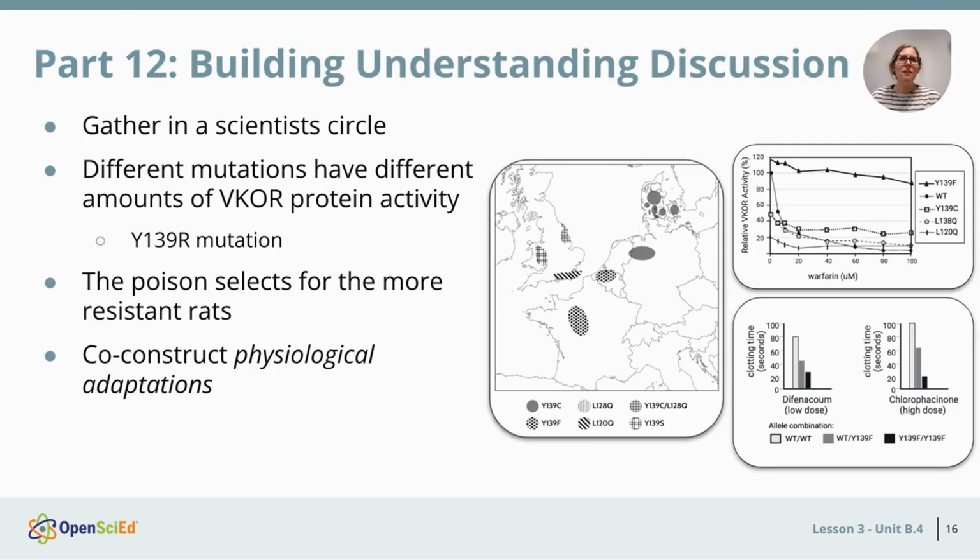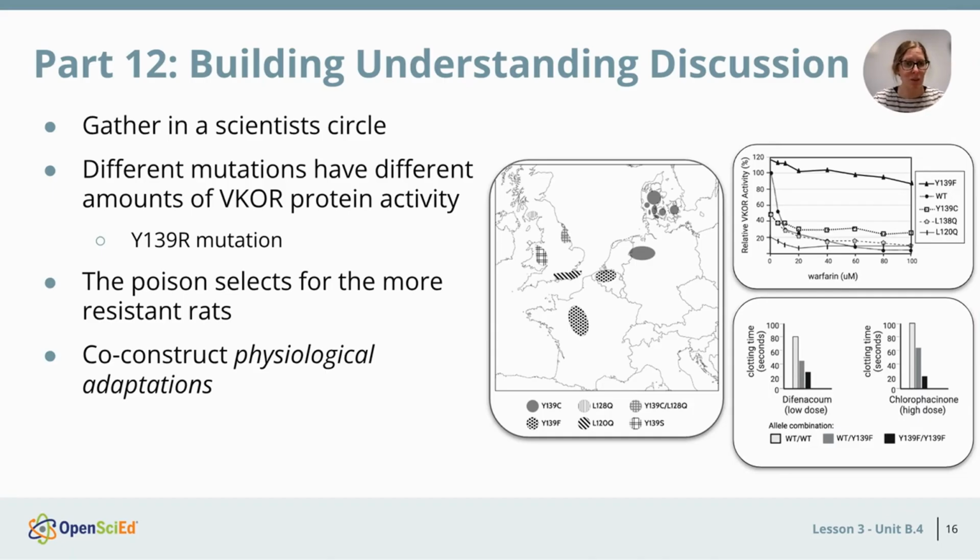And after having that first building understanding discussion, that's when the students are going to read about the different variations of mutations and the differential survival, which will then take us away to part 12, our next building understanding discussion. Again, we'll be gathering into a scientist circle and we'll be discussing how those different mutations have different amounts of VKOR protein activity.